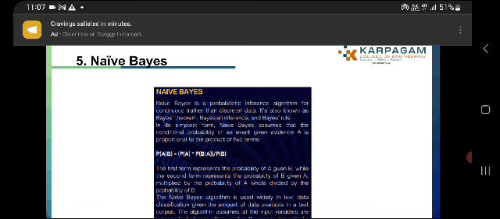The Bayes theorem is based on conditional probability, and it means the likelihood that event A will happen when it is given that event B has already happened.